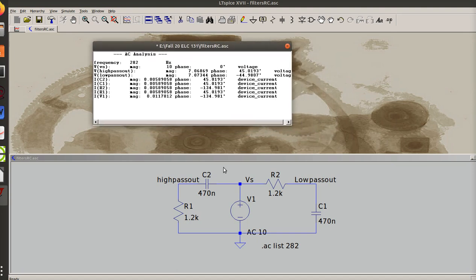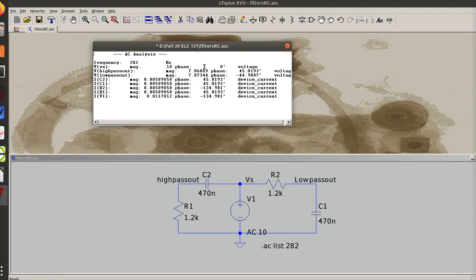What you will notice is that I am at the corner frequency for both my high pass filter and my low pass filter. And I said at the corner frequency the voltage out would be about 7/10 of the source voltage. So you get about a 7/10 of a voltage drop. If you calculated the power, you'd be at what we call the half power point.